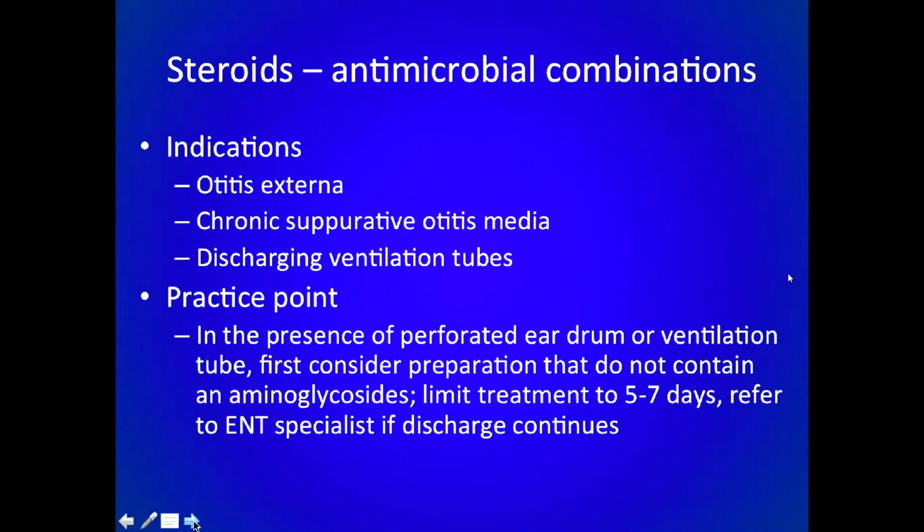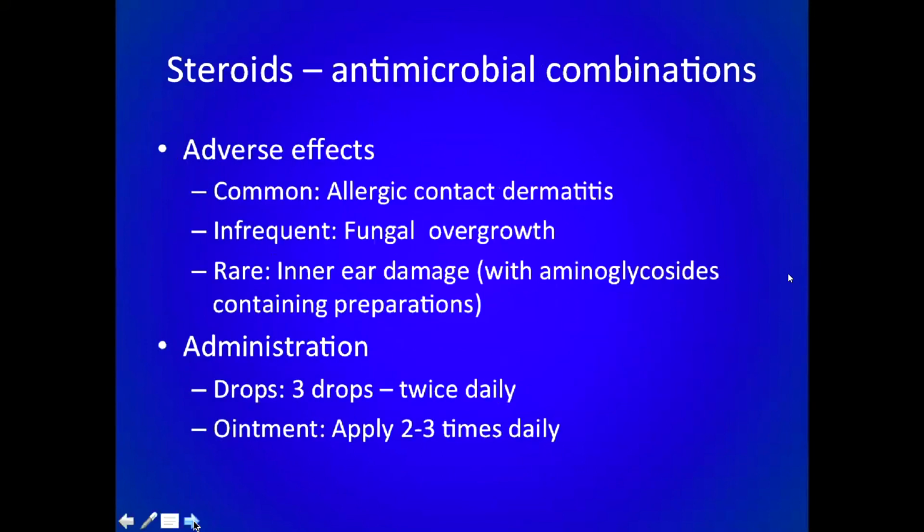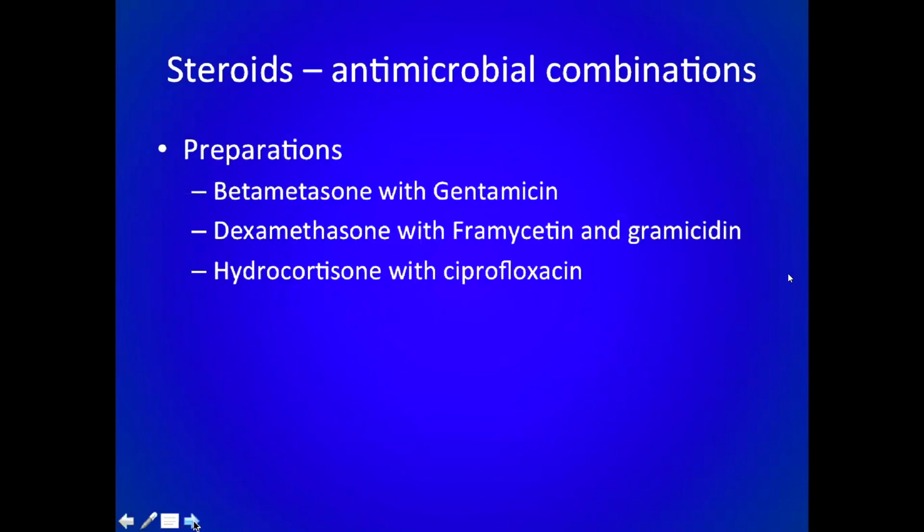Perforated eardrum is equal to this discharging ventilation tube. Perforated eardrum means because of the infection it perforated. Discharging ventilation tube is where we purposely penetrate it for the pus to come out. So that is what you have to understand.